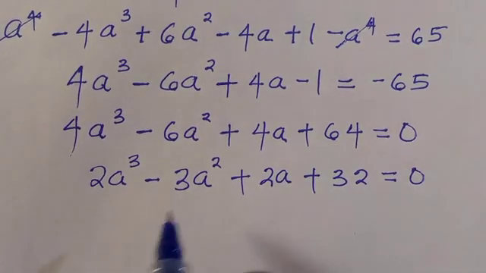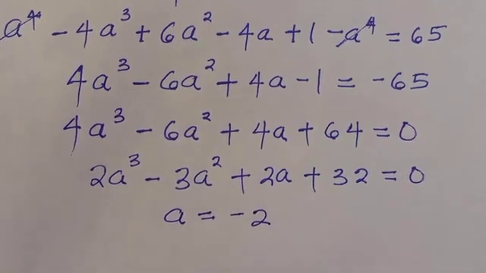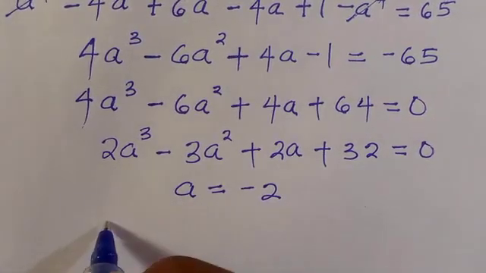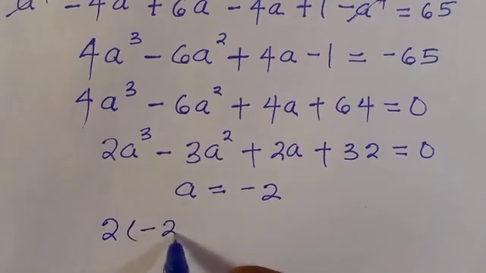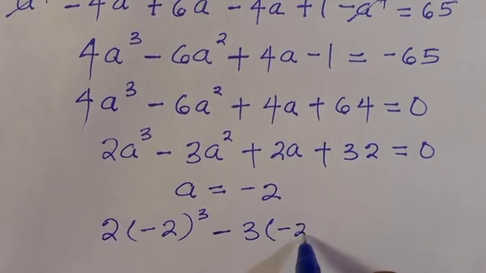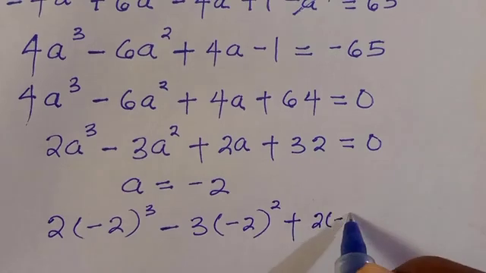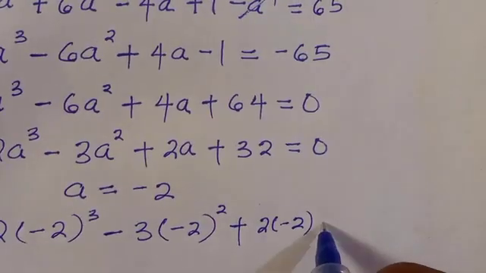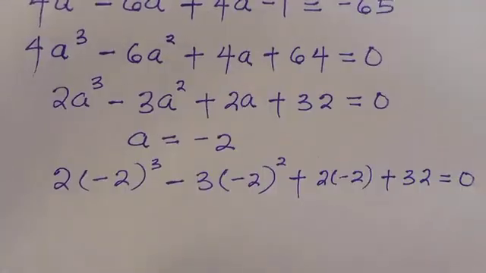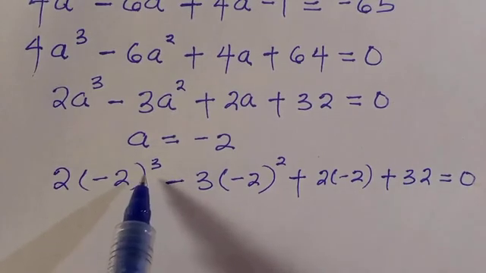Let's say I substitute a equals minus 2 into this. So substituting a equals minus 2 in this, we are going to have 2(minus 2)^3 minus 3(minus 2)^2 plus 2(minus 2) plus 32, and everything equals 0. So here we have (minus 2)^3, which gives minus 8.